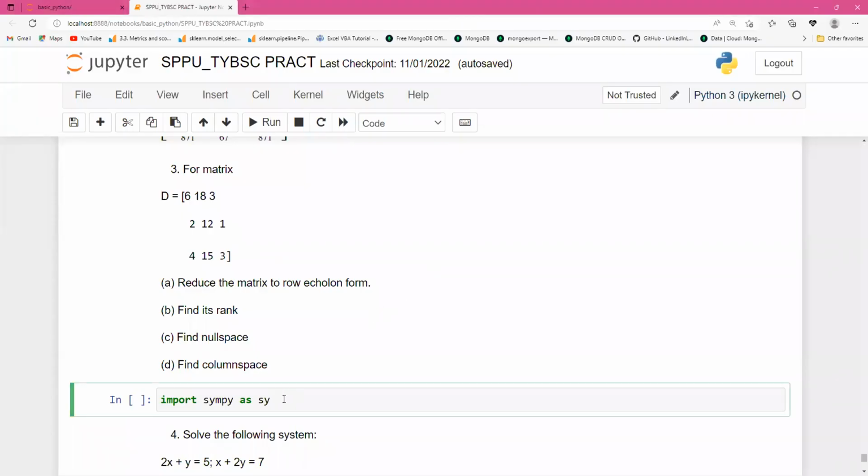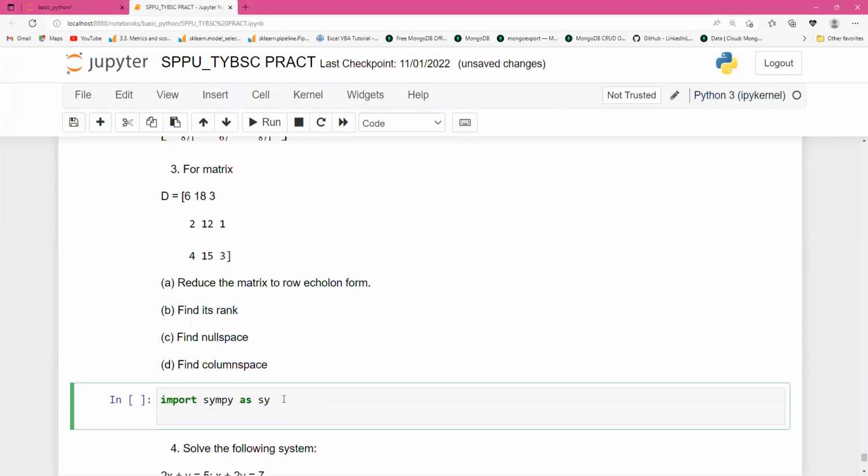So I have imported this one. Now I'm going to take the matrix as D is equal to sy dot Matrix. So what is the matrix, guys? We have the first row as 6, 18, and 3.